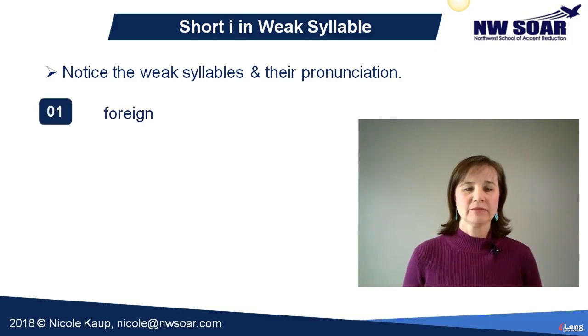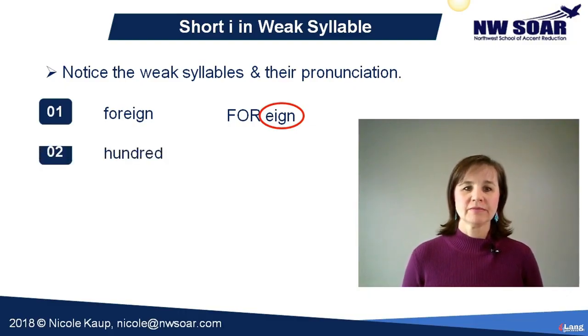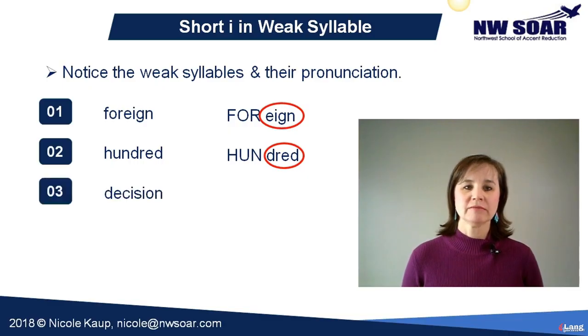The weak syllables are all circled in red here. Hundred, hundred. Decision, decision.